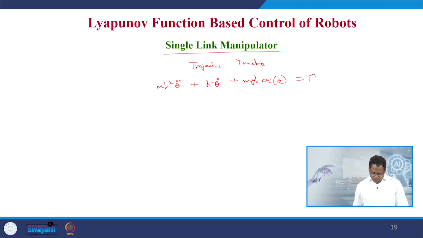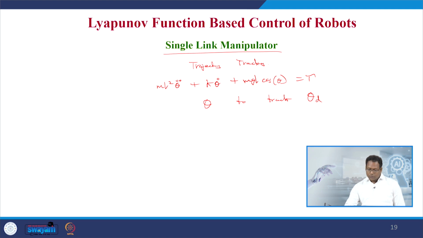Now let us see what is going to happen to the system. Here we have to design a controller that will make the trajectory of this single link manipulator theta track theta d.